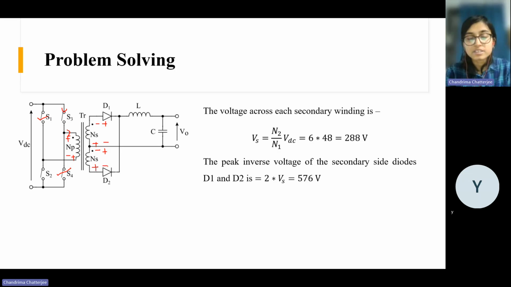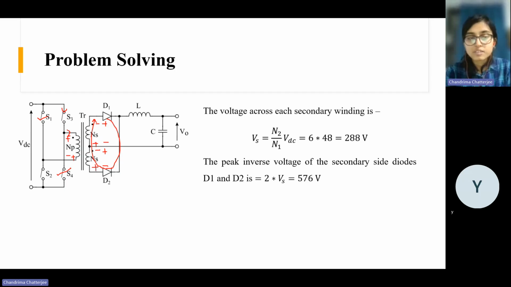So you can take any interval, but whenever this diode is reverse biased, it will have to withstand. You can apply KVL in this loop. If you apply KVL in this loop, you will see the diode has to withstand a voltage that is twice the voltage across any of this winding, either this winding or this winding. The voltage will be the same.